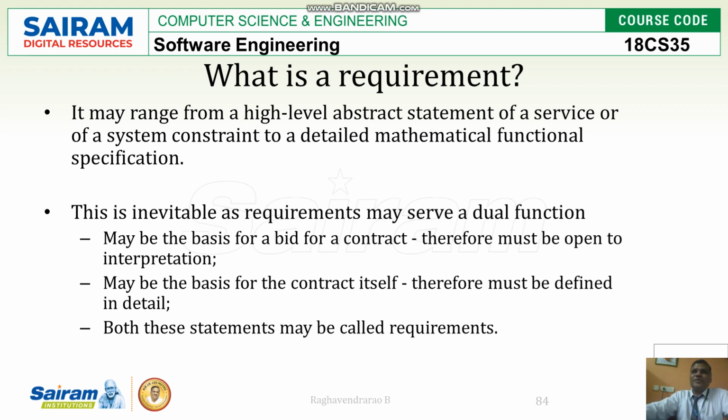So many things that he is going to specify. So from the high-level abstraction in his mind, we have to come down to the proper specification of the system. He is going to give overall information of the services, but we should narrow down to the proper functionality and specifications of the system.